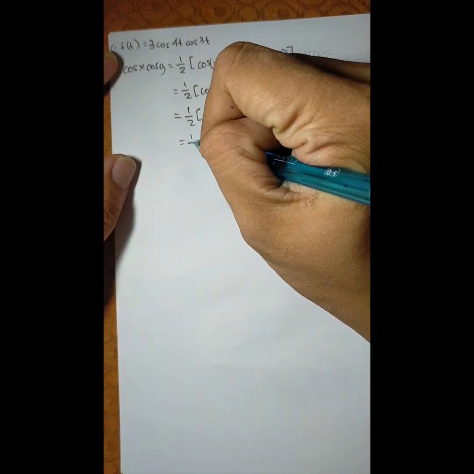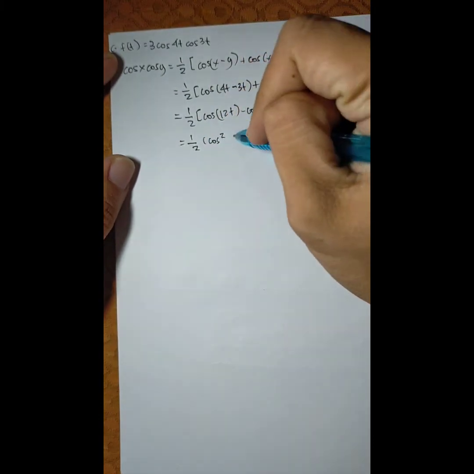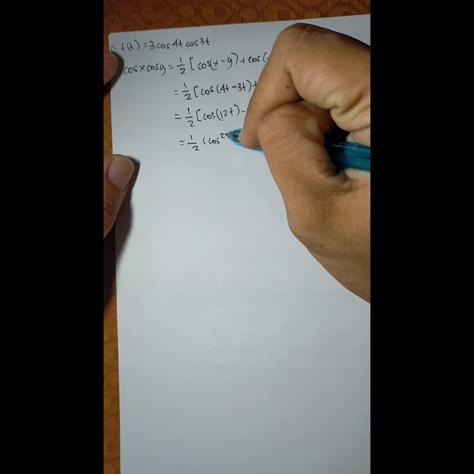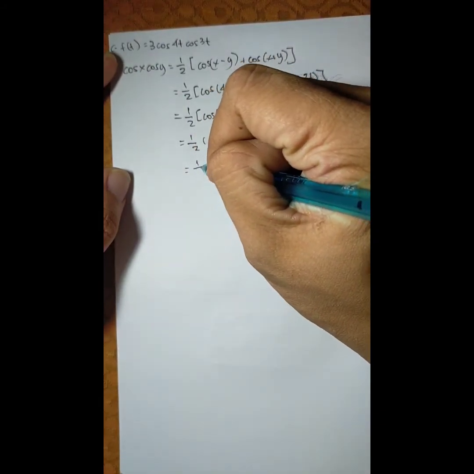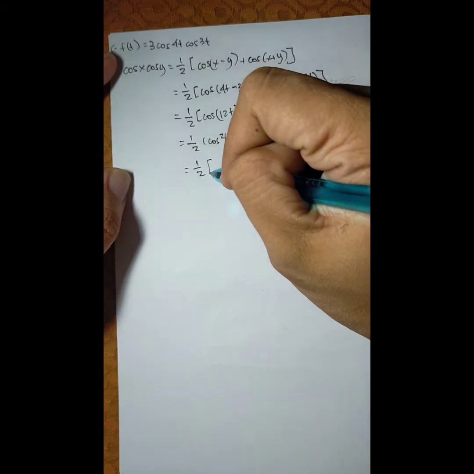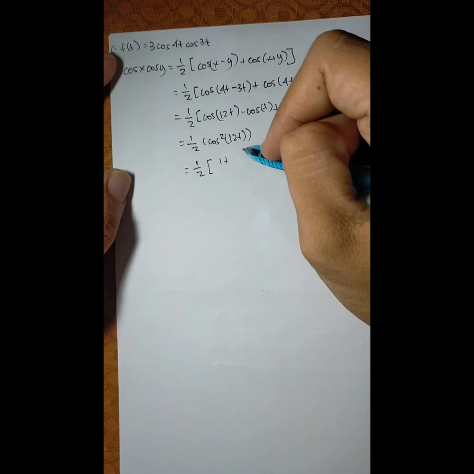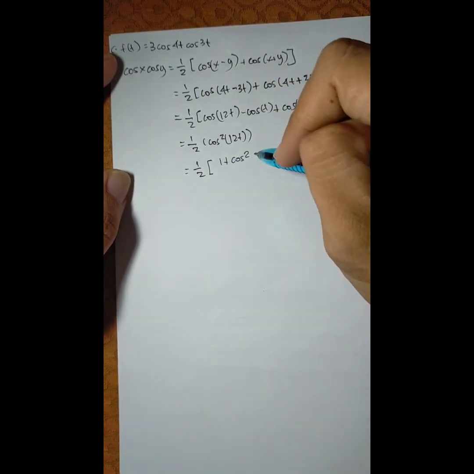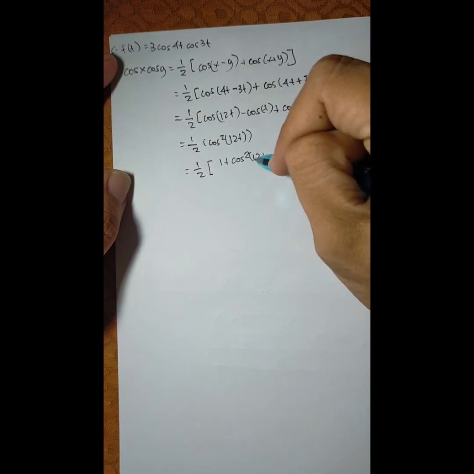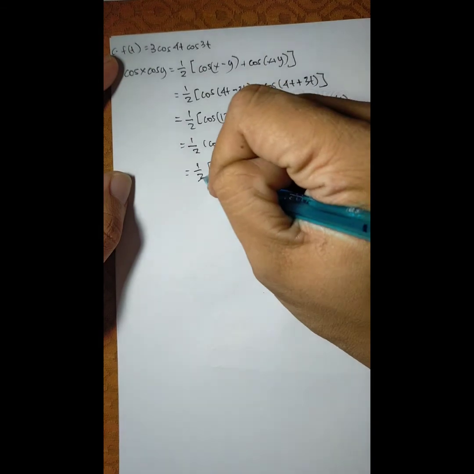This is equal to 1/2 cosine squared 12t. This is 1/2 of 1 plus cosine squared of 12t over 2, and this will be cancelled.